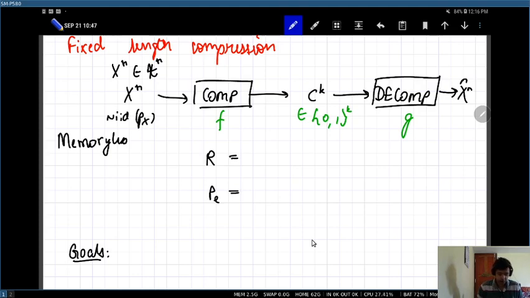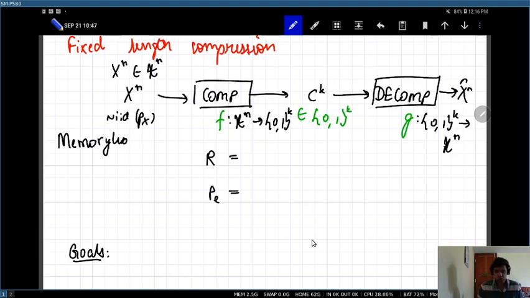So the compressor is a function f which takes an n-length sequence as input and gives a binary sequence as output. And the decompressor is a function g which takes a k-length binary sequence as input, and gives an n-length sequence from the alphabet x as the output.